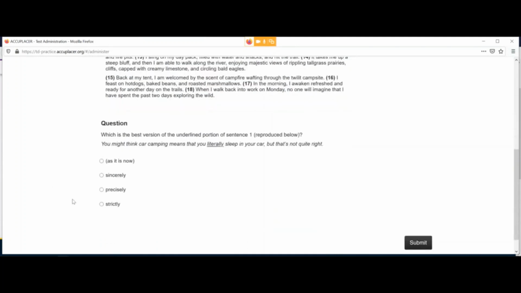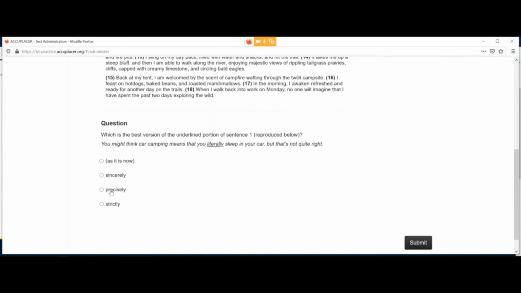I often recommend using the process of elimination. Sincerely, precisely, those don't fit in this context. But if you read the sentence, it should seem right to you. You might think car camping means that you literally sleep in your car, but that's not quite right. So if it seems right to you and you don't have any reason to think that there is a problem with it, then you want to select as it is now.